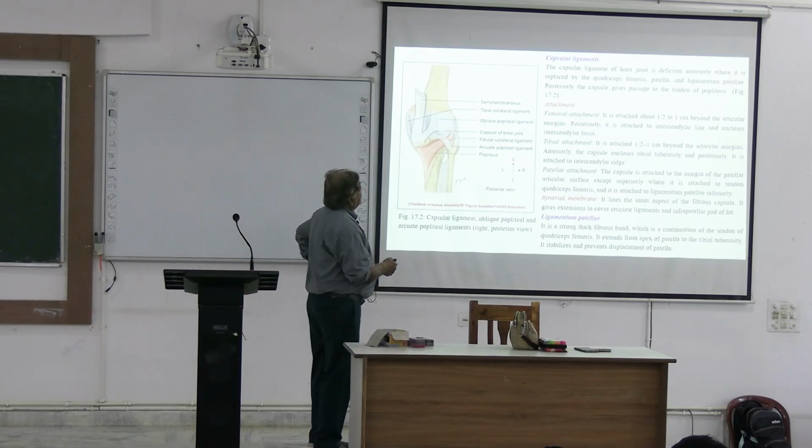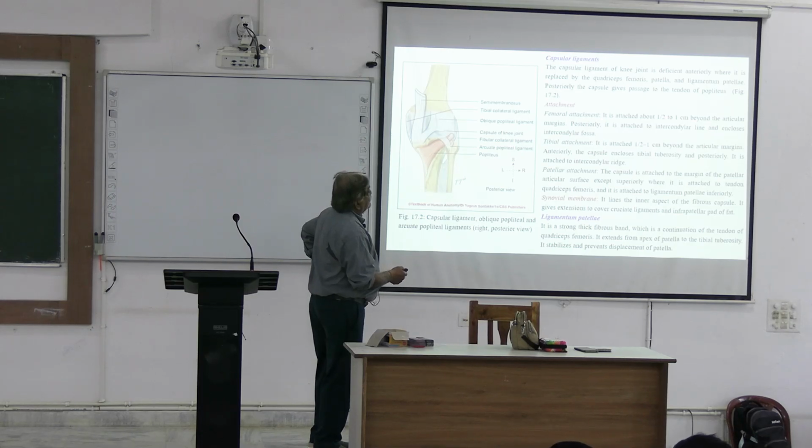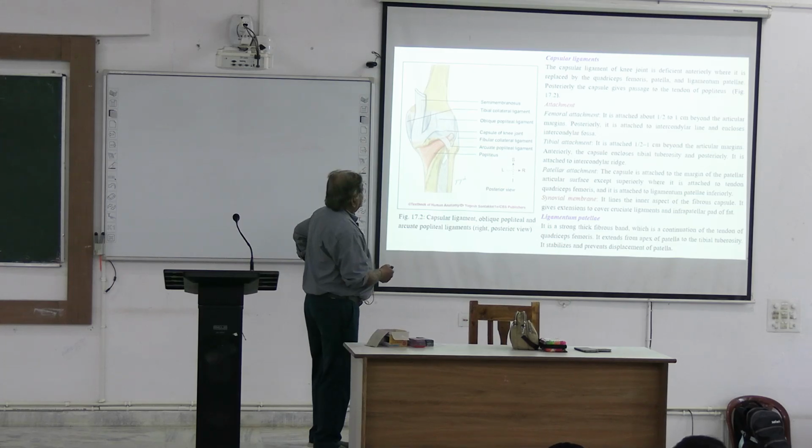Now, femoral attachment: it is attached half to 1 centimeter beyond the articular margins. Posteriorly, it is attached to the intercondylar line and includes the intercondylar fossa. Tibial attachment: it is attached half to 1 centimeter beyond the articular margins.